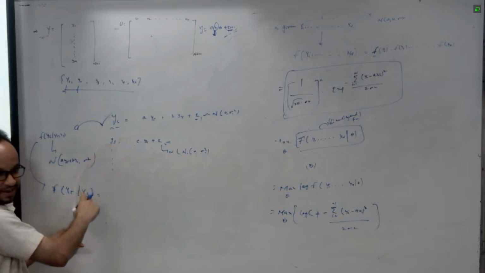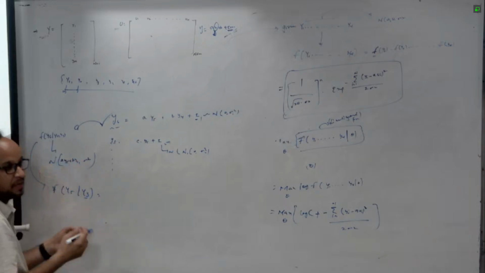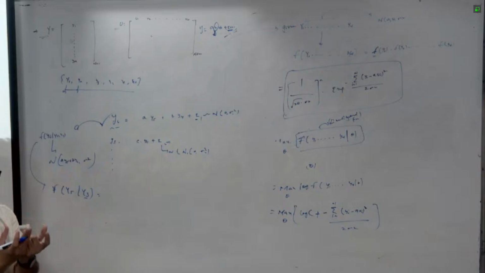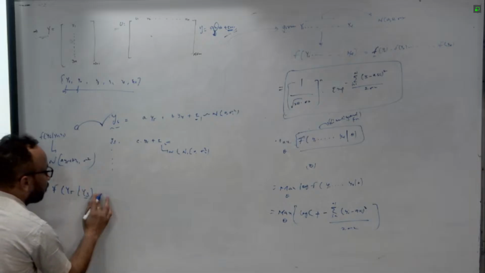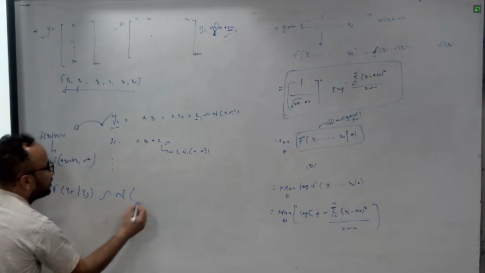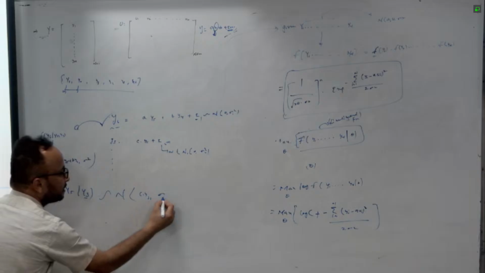Actually, I am considering that the information of y3 is given to me. If the information is given to me, something which you see or something which is given, is it deterministic or random? It's deterministic. So that's why it's a conditional. So I'm saying it's conditioned on y3. So it is deterministic, and then this follows a Gaussian distribution with c into y3 plus sigma square 2.